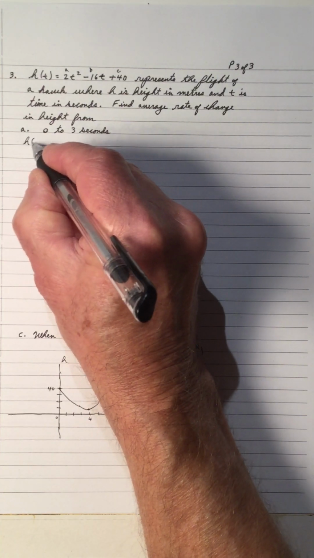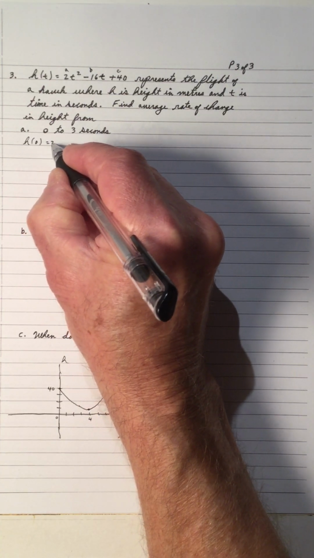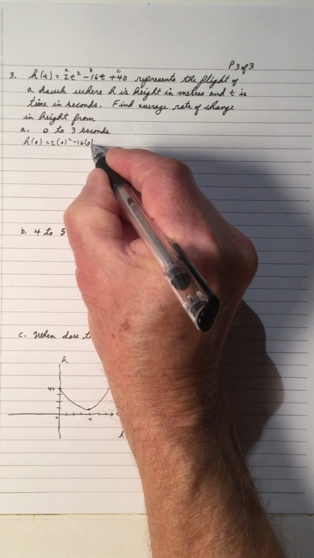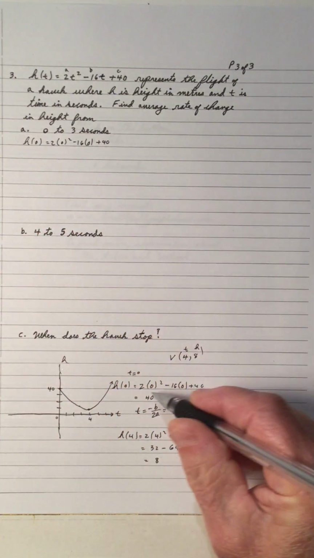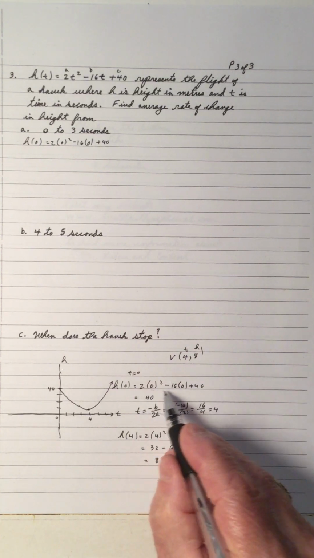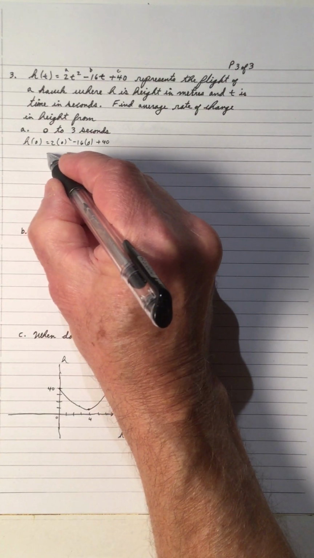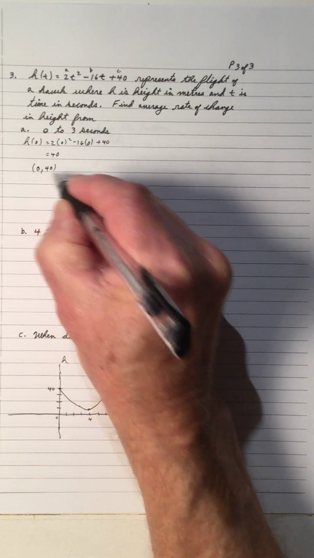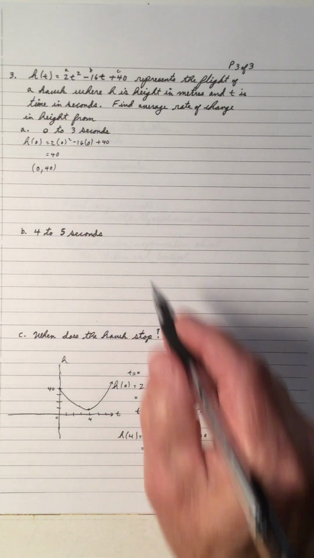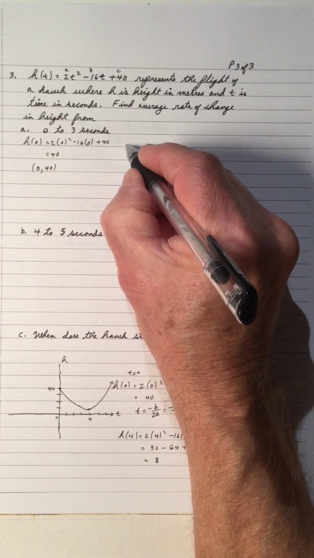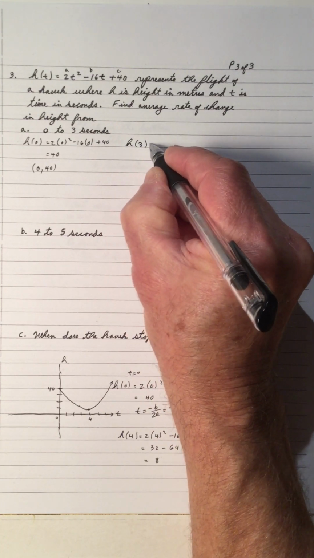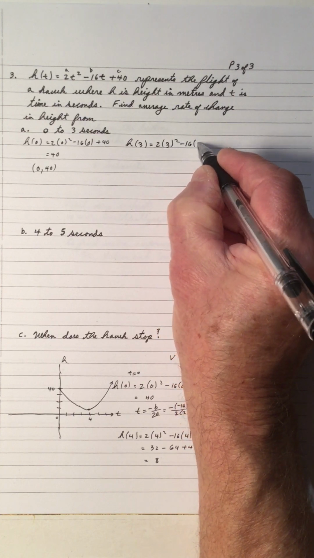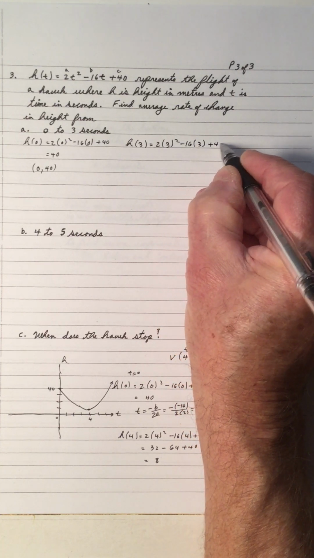So the h of 0 is 2 times, which we already did. We put a 0 in before because I worked it out right here, it's 40. So that's a 0, giving us 40. That's where it started off. And when we put the h of 3 in, we get 2 times 3 squared minus 16 times 3 plus 40.